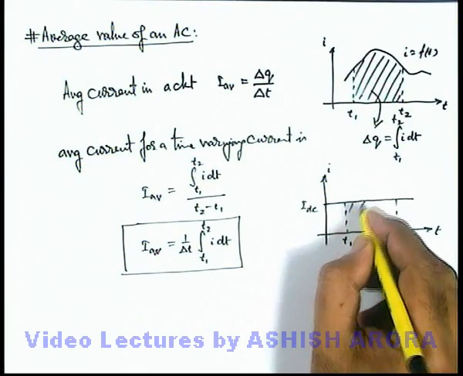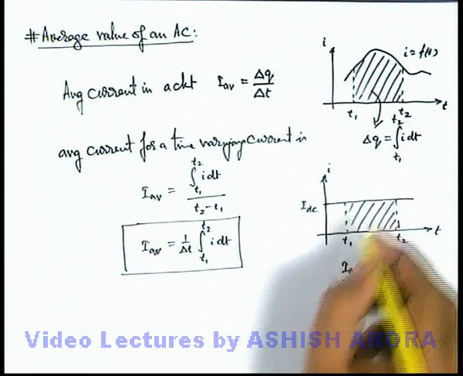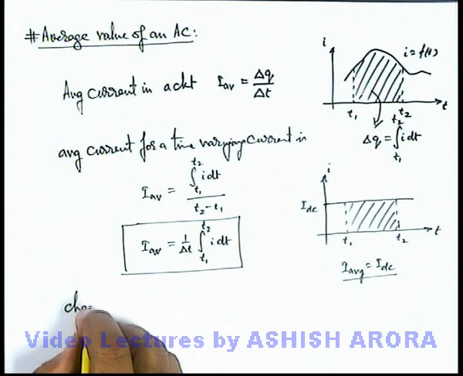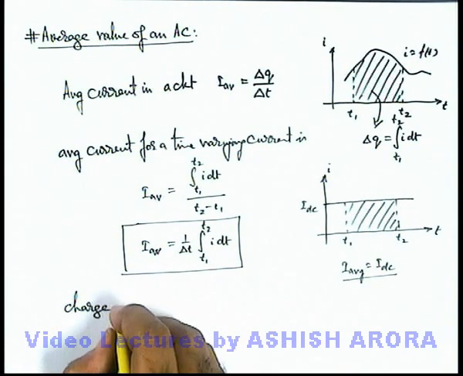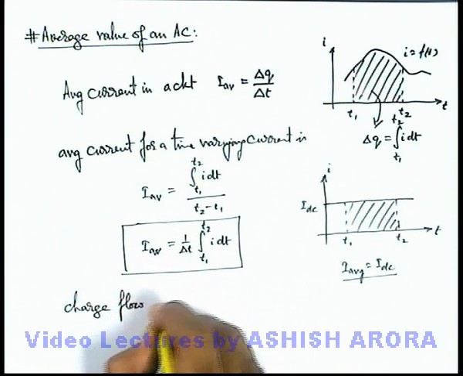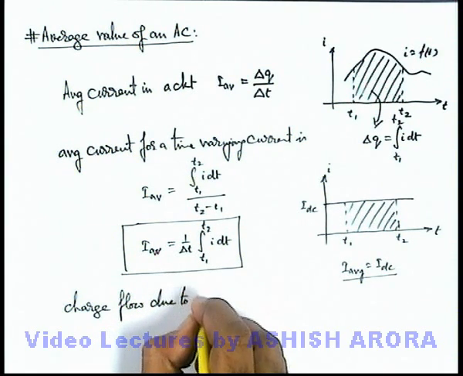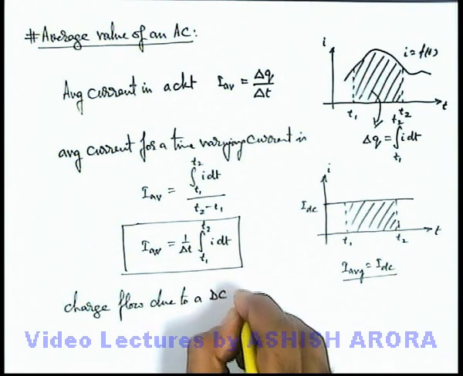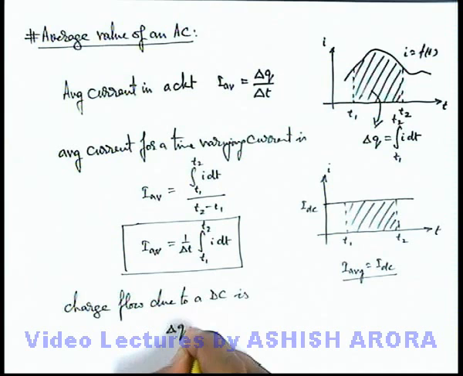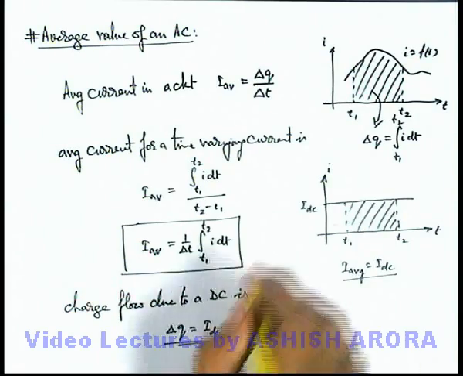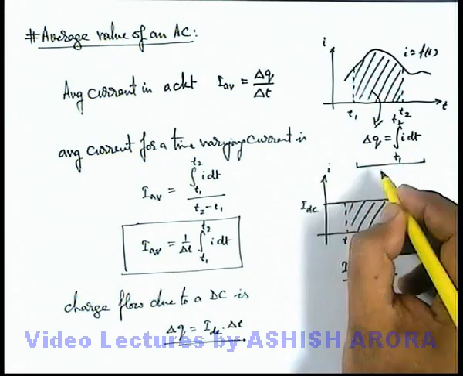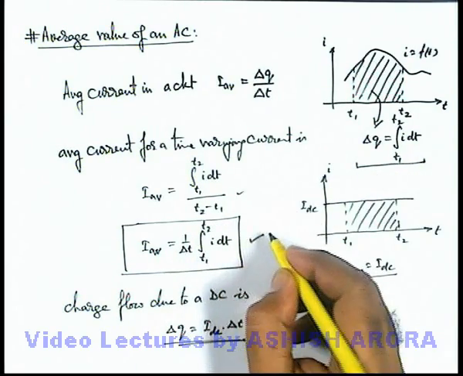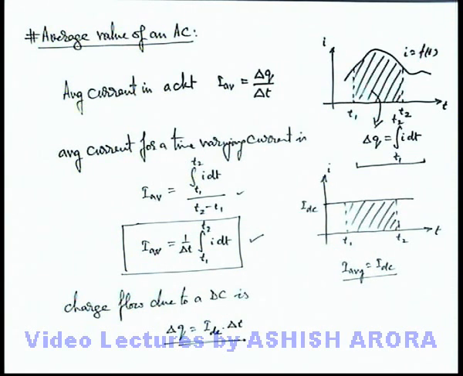So for any direct current circuit, the total charge flow due to a DC we can directly calculate as delta Q equals I DC multiplied by the duration delta T. Whereas in case of alternating current, the area we can calculate and using which we can find out the average value of the current.